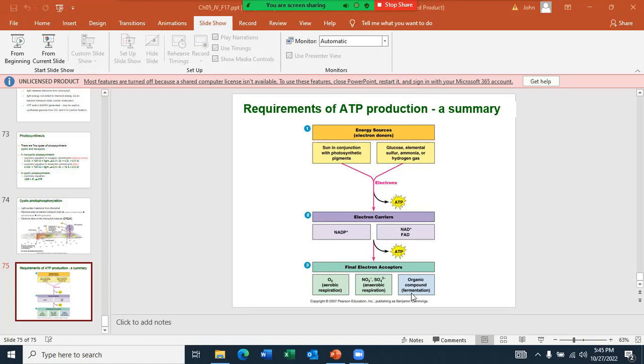For fermentation, it's an organic chemical compound, a derivative of glucose. And in photosynthesis, it's not shown here, but the final electron acceptor in cyclic photosynthesis is actually chlorophyll, the molecule that the electron started from. Any questions about any of this?